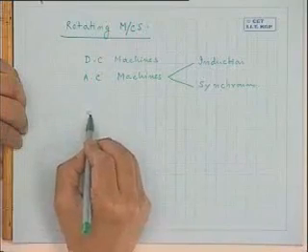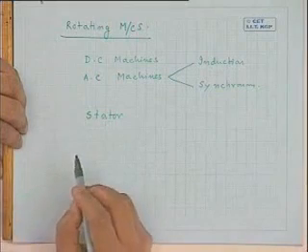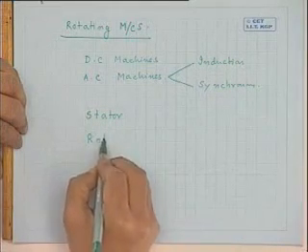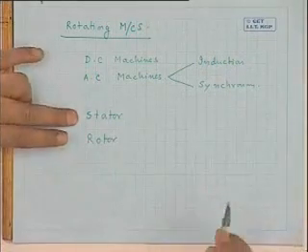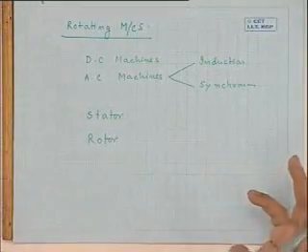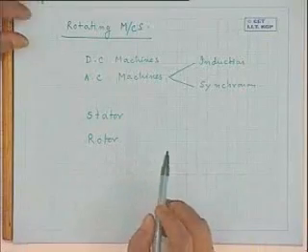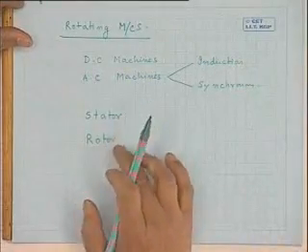In fact, in all rotating machines, you will find there are two structures. One is called the stator, and the other part is called the rotor. The name obviously suggests that the part of the machine which will not be moving is the stator, and the part which will be moving is the rotor.